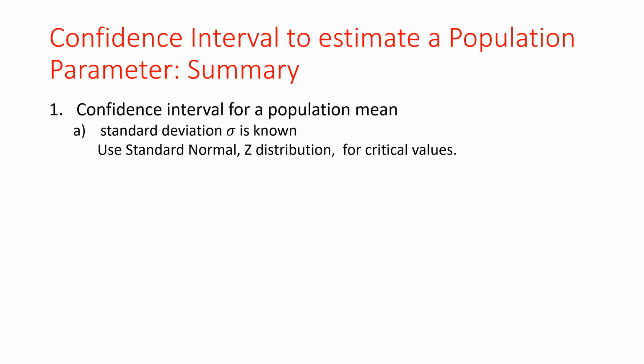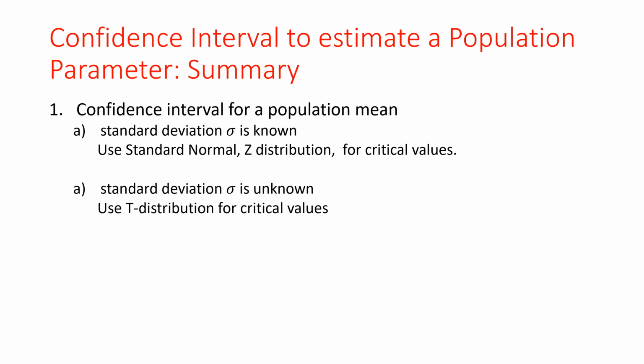So if you know that you're estimating population mean, we have two situations. The one is that the standard deviation is known. In this case, you would use the standard normal or Z distribution for critical values. However, as I mentioned before, this is not a very realistic situation, so we're not going to go in depth on this one. Now, the more realistic situation is when you don't know the standard deviation of the population.